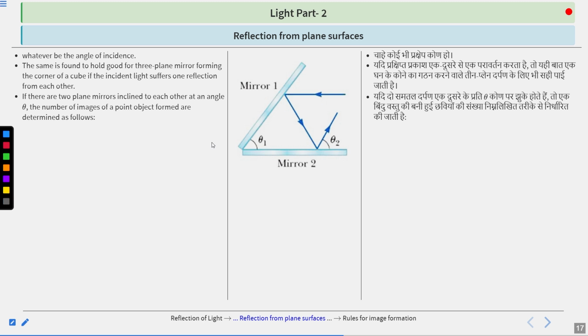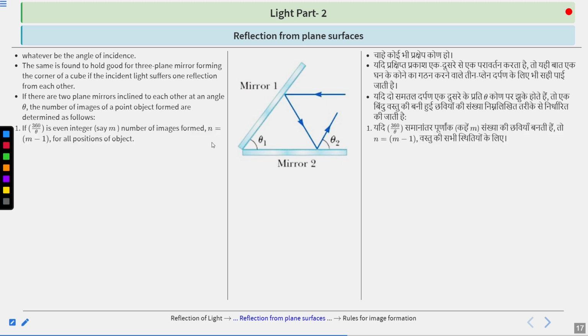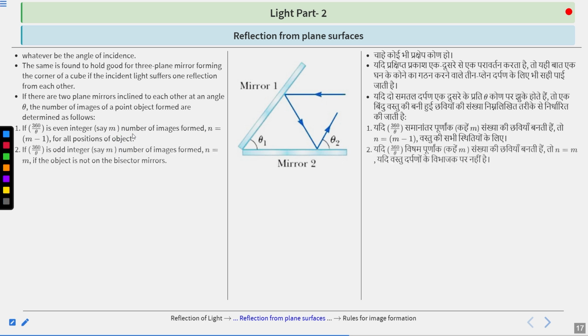If there are two plane mirrors inclined to each other at an angle theta, the number of images of a point object formed is determined as follows. If 360 by theta is an even integer, say m, the number of images formed is n equals m minus 1 for all positions of the object.